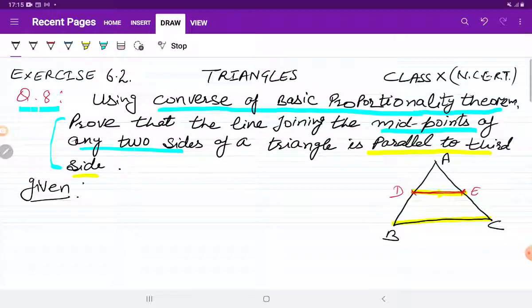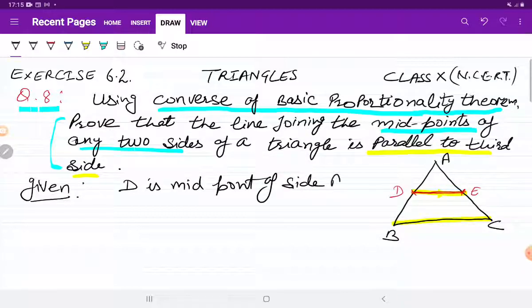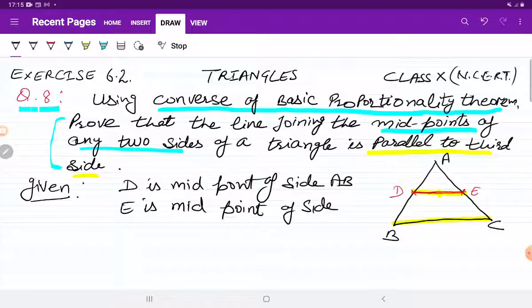Okay. First we'll write given. Given: D is the midpoint of side AB, and E is the midpoint of side AC, right?